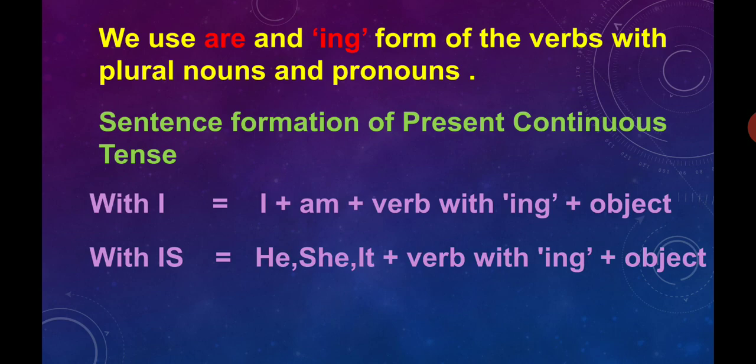If we are talking about one place, one thing, one animal, then we use it, right? So he, she, it plus is. I made a mistake here, you have to add is here. After he, she, it, we add is, then verb with ing and then object.